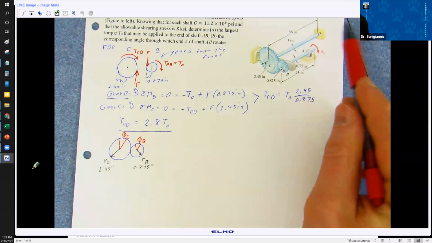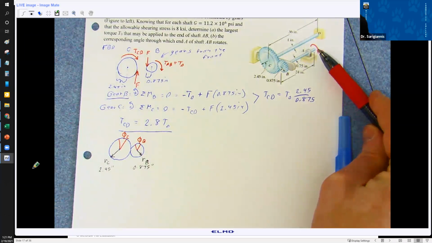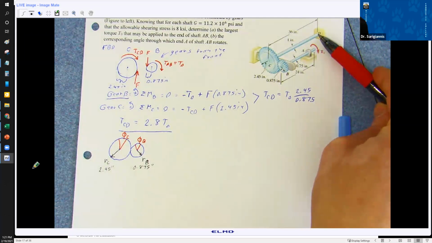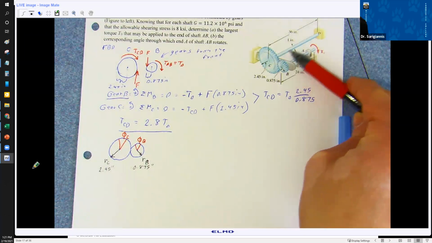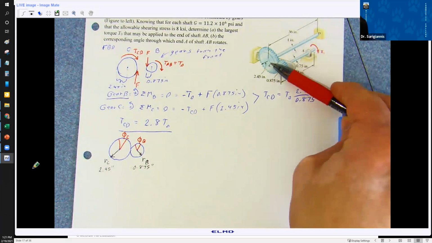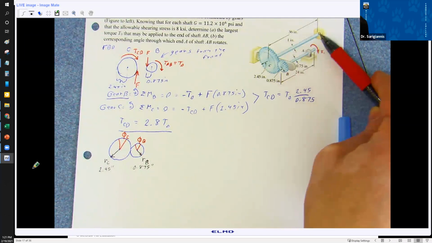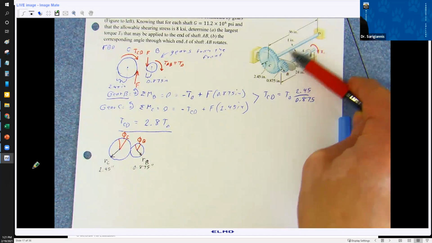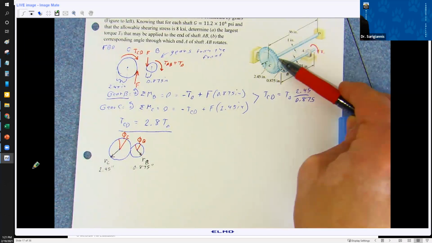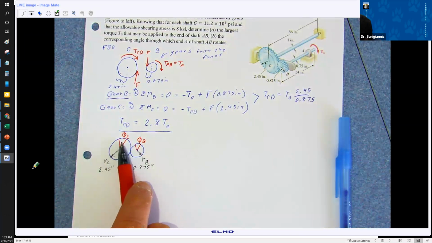The maximum angle of rotation on C is going to be out here, since it's the furthest from the fixed point. So it's going to depend on this length. So this phi here, phi C.